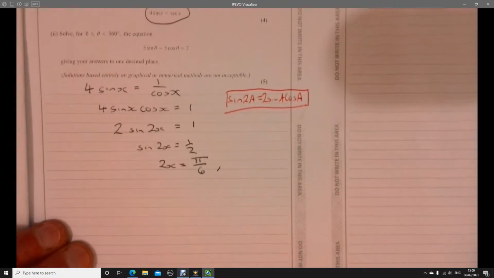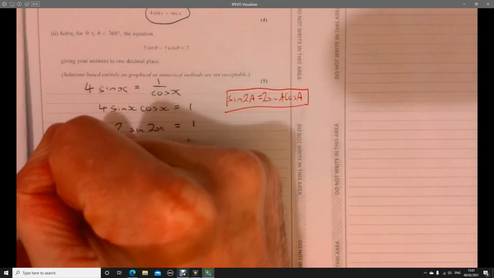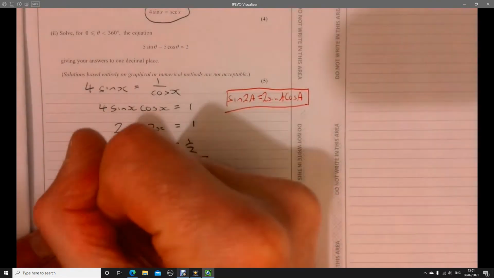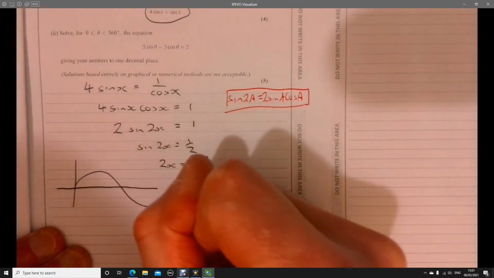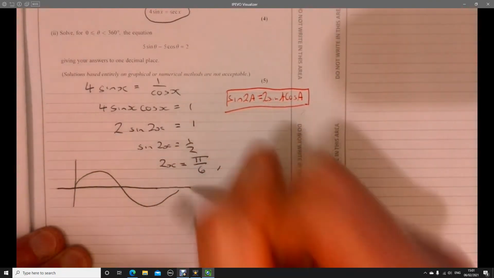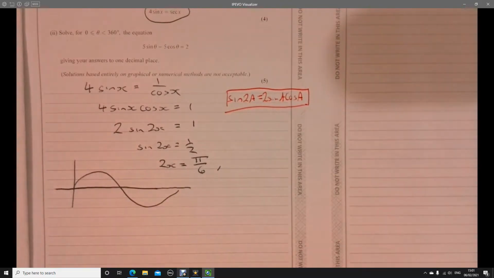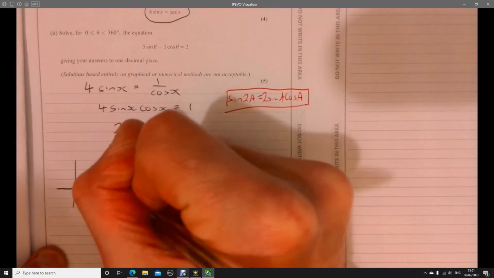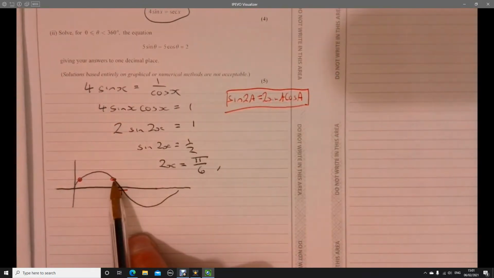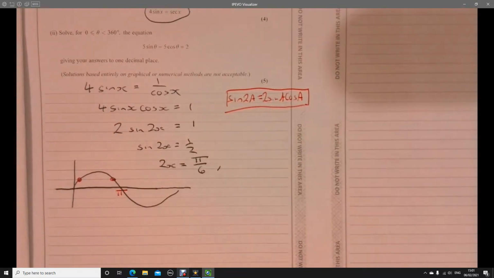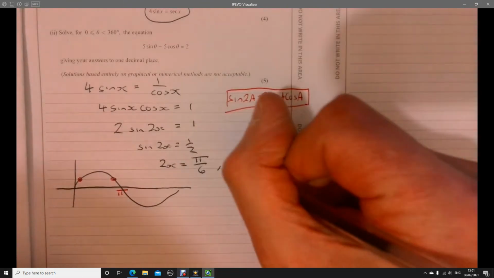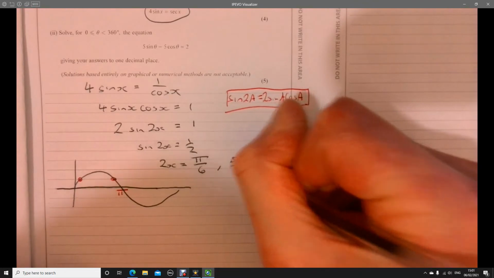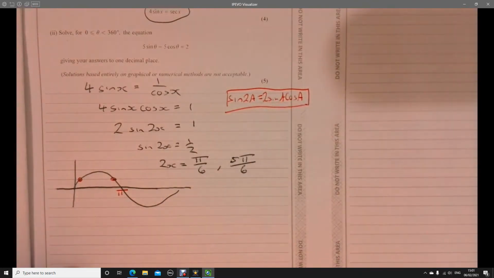So just have a little think about sine, and what we should be thinking about sine, as we know it goes like this. Whenever you're not sure, just draw something out. It does make life a lot easier. And just have a little think about this other point over here. So we've got pi over 6, but also consider what about 5 pi over 6 as well.